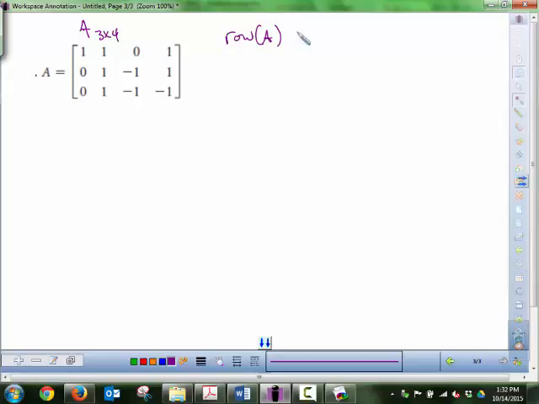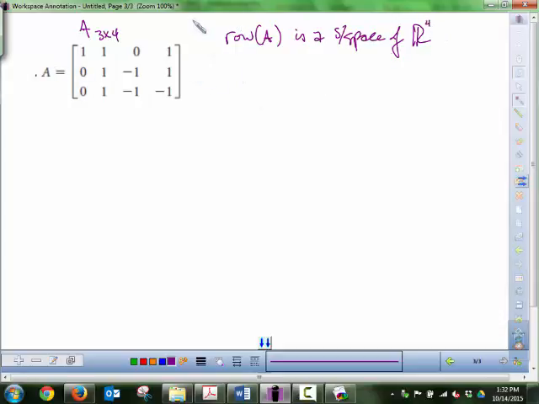So the row space should be a subspace. I'm going to use this symbol for a subspace. It's like a sideways U. Let's just actually write it out. Is a subspace of R what? 3 or 4? 4.